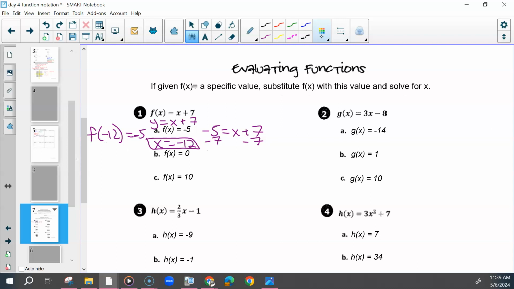So we're going to do the same thing for the others. Really set up the same equation, but just change the y value. And you're going to do the same thing each time, subtract 7. So in this case, x would equal -7.